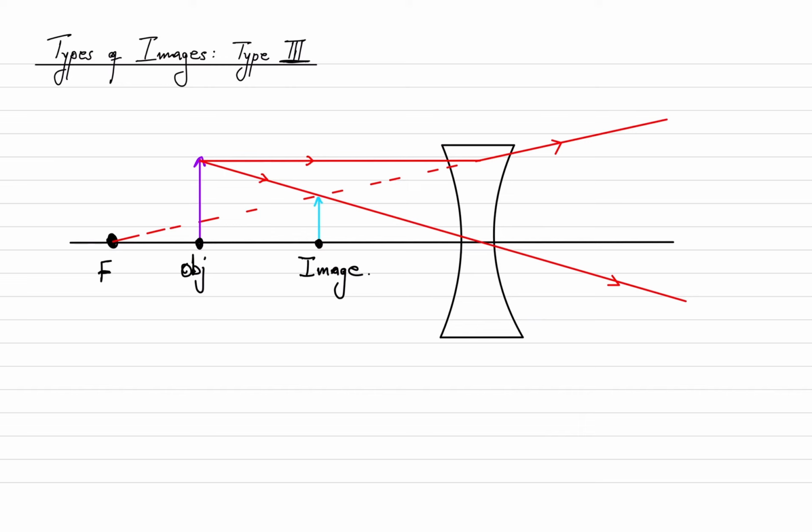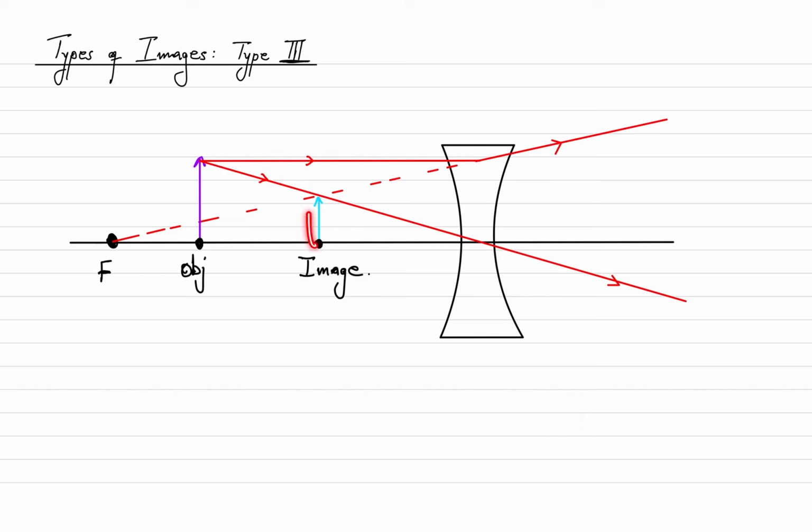Now, what are the properties we can say about the image? Let's put them into perspective and actually tabulate them. Well, maybe before we go there, notice that the image is on the same side as the object. You should be able to deduce what this means as far as the image distance is concerned.